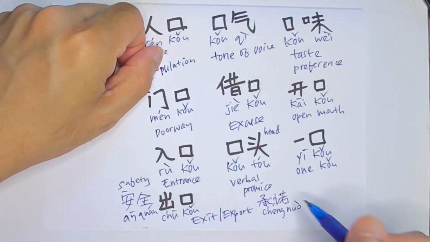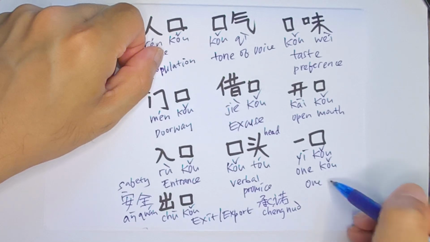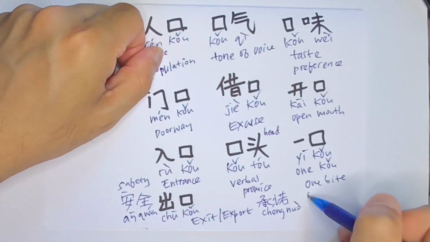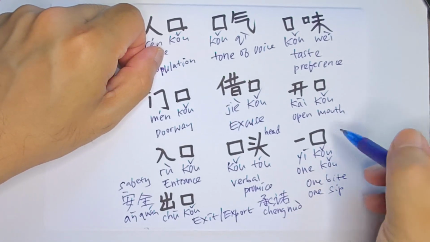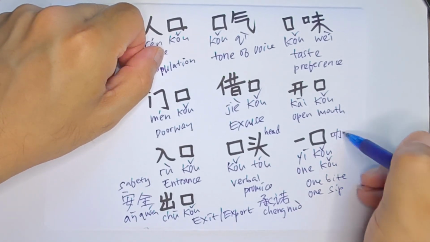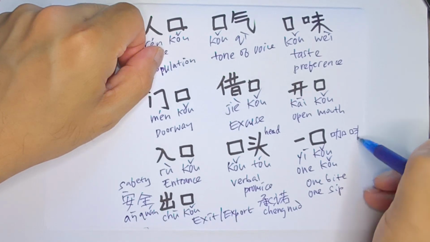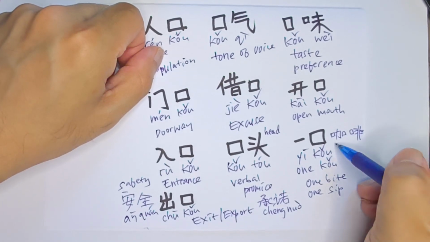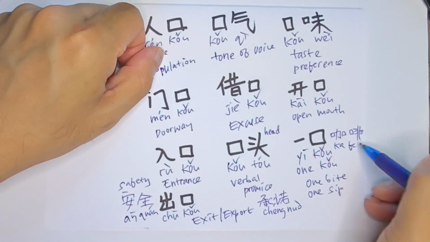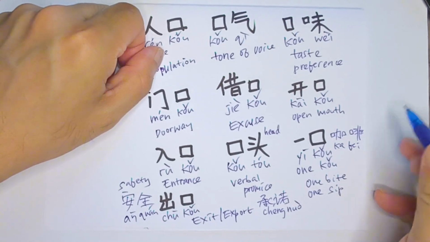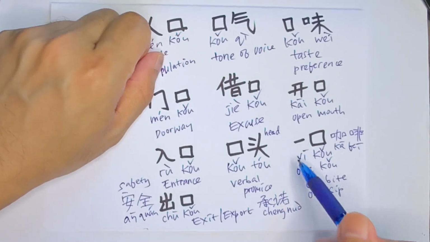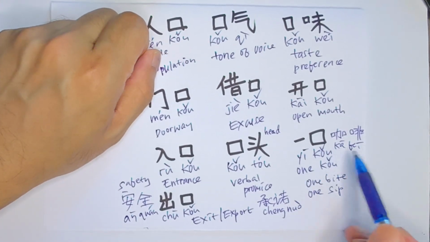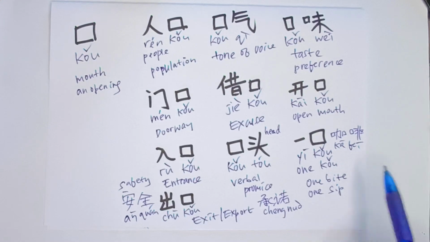One mouth, it means one bite, or one sip. 一口咖啡. 咖啡, first sound. 一口咖啡, one sip of coffee.